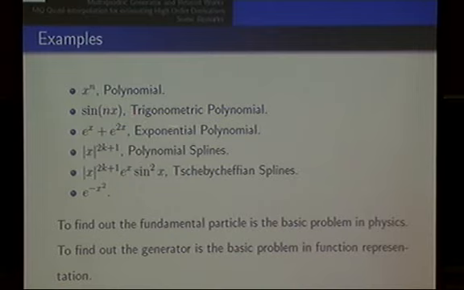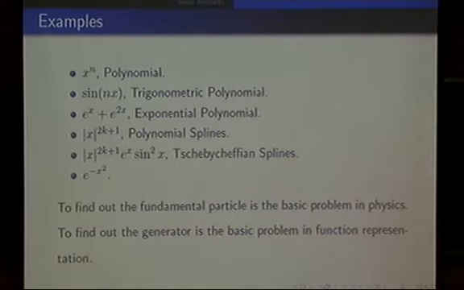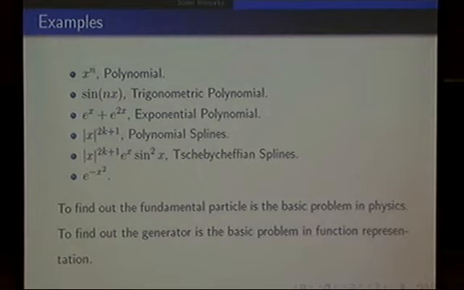This one can generate the trigonometric polynomial space. This one can generate the exponential polynomial space. This one can generate the polynomial splines. This one can generate the Chebyshevian splines. And this is Gaussian. Professor here used this kernel too.